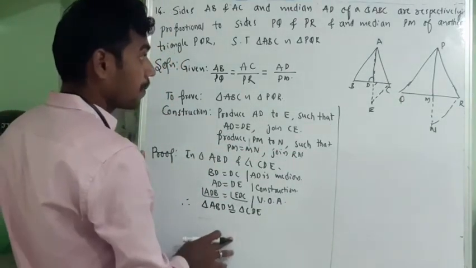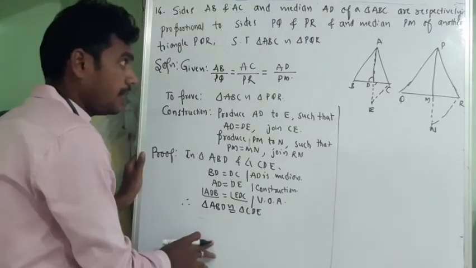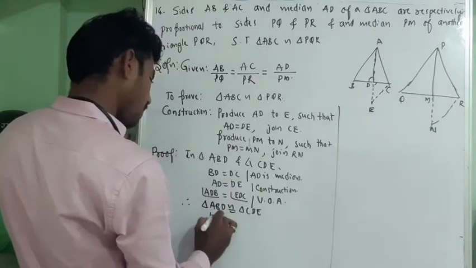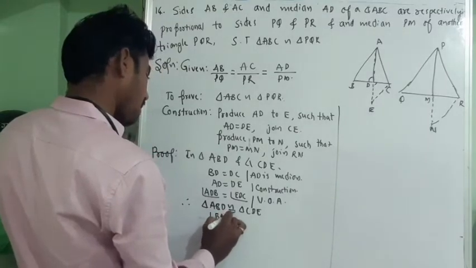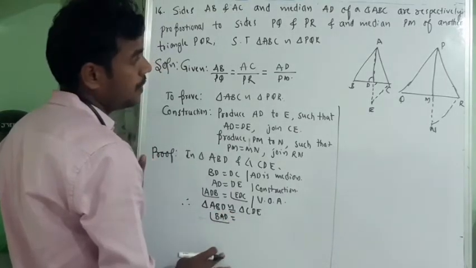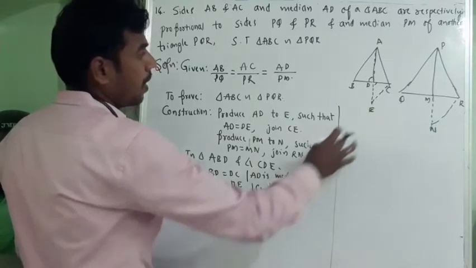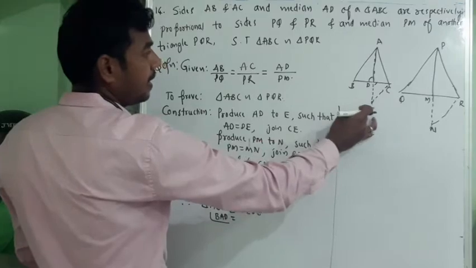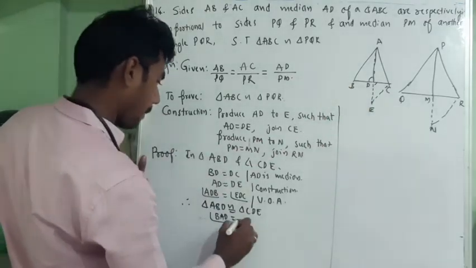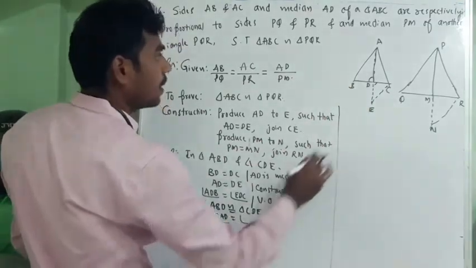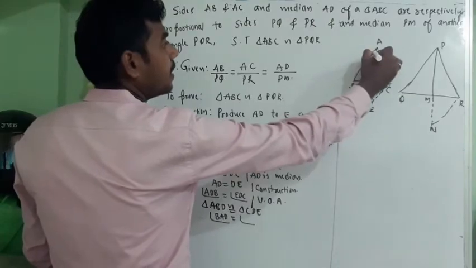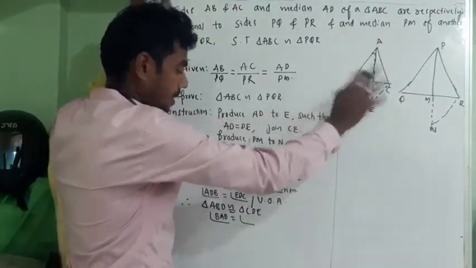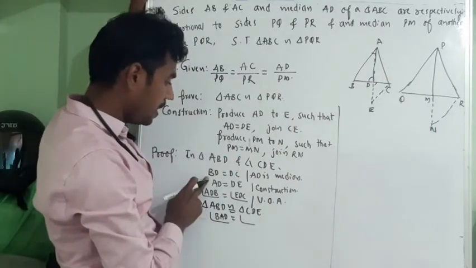Okay. Now, what can I write? Angle BAD is equal to angle CED. In triangle ABD, where is BD?